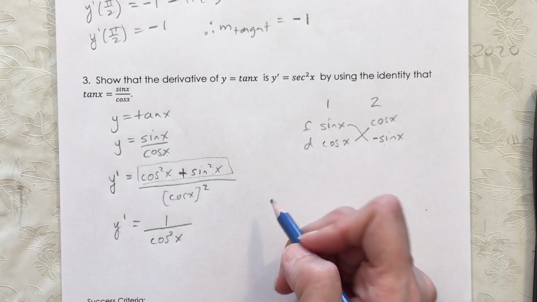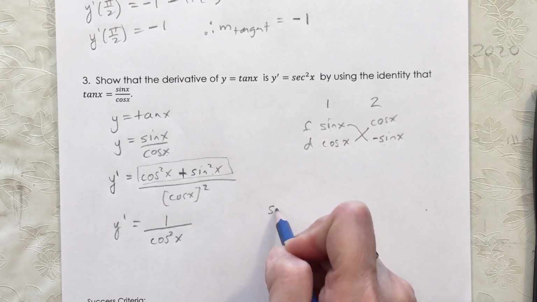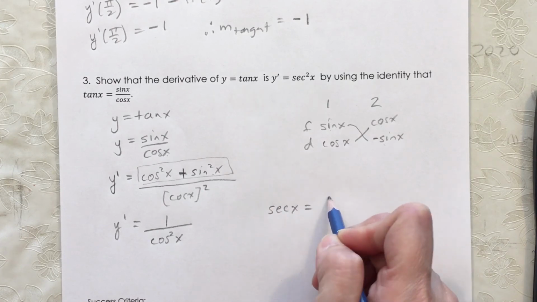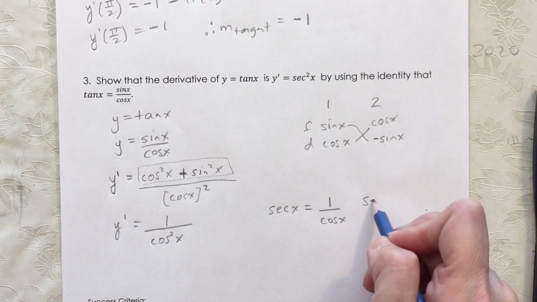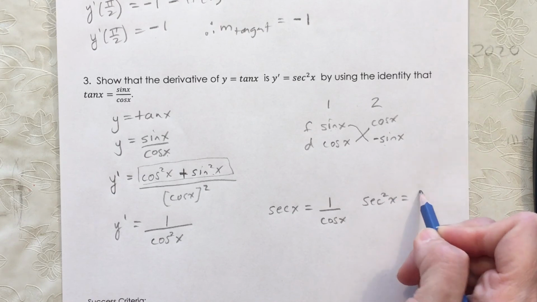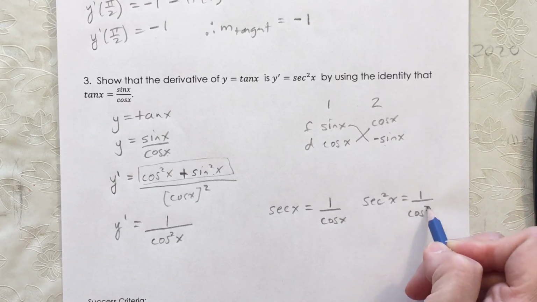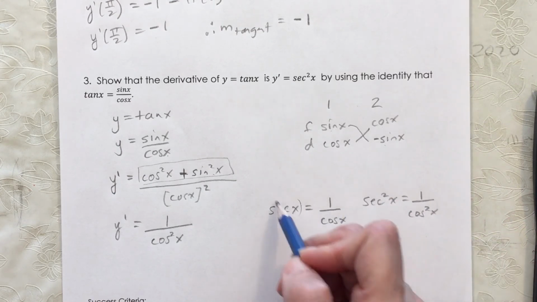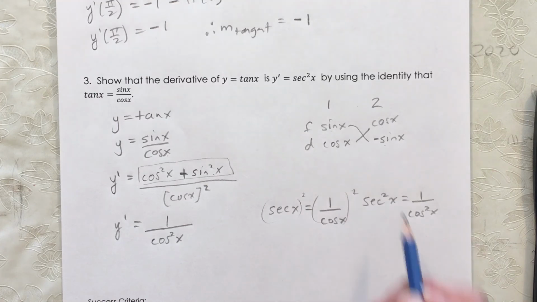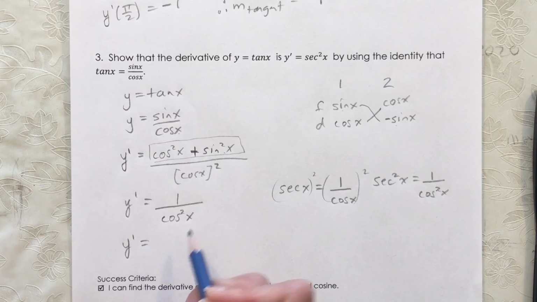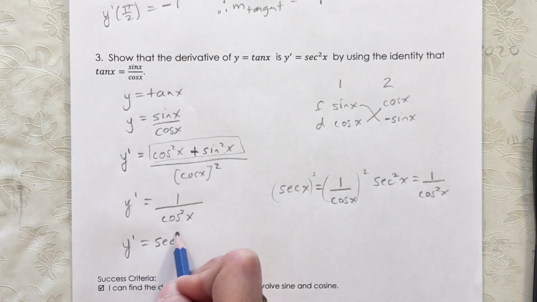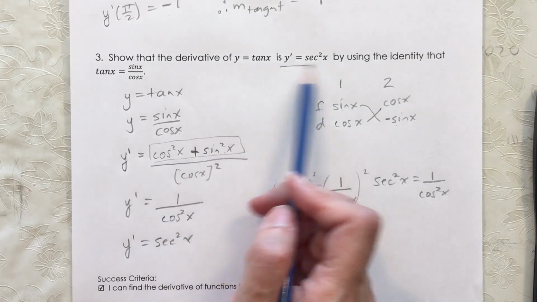And then knowing a reciprocal identity is that secant of x is equal to 1 over the cos of x, which means that secant squared of x would be 1 over cos squared of x. So just squaring both sides. So then it follows that y prime is sec squared x, which is what we were trying to prove.